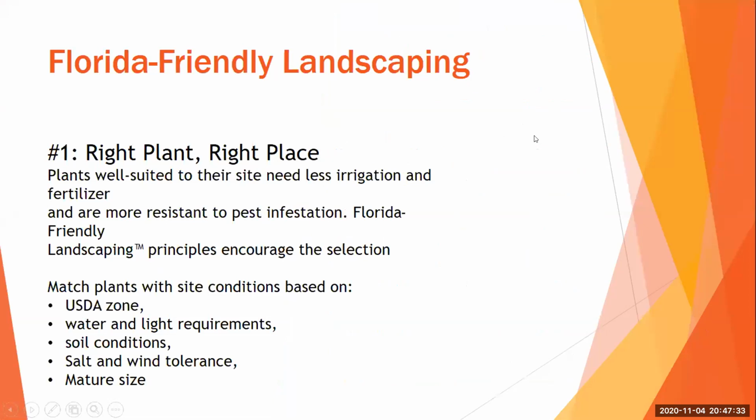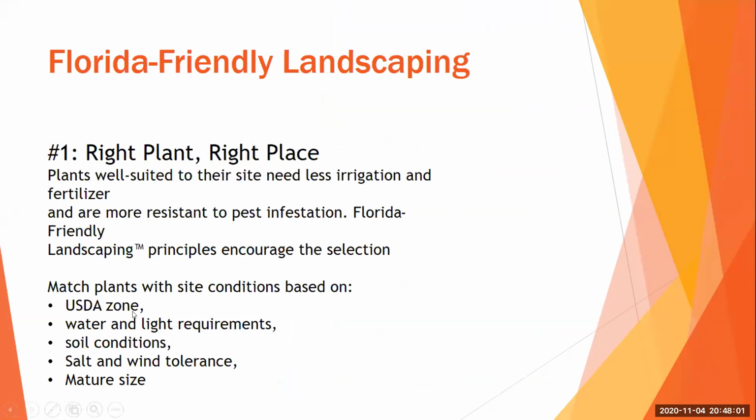All right, the first principle, and this promotes water conservation, we talked about this one. The first principle: the right plant in the right place. So again, this sounds very easy, but in reality it's not very easy, because the urban landscape is very difficult. To plant a good tree in our streets is very, very difficult, because there are not too many trees that are going to do a good match.